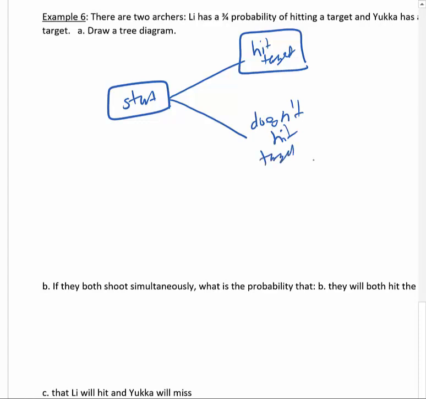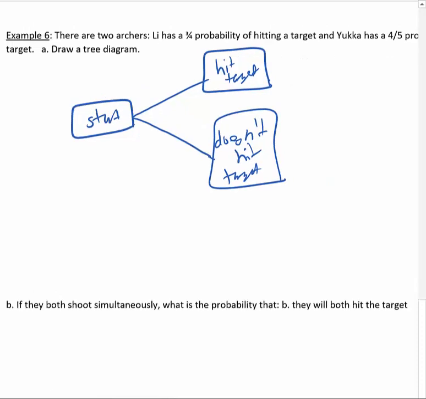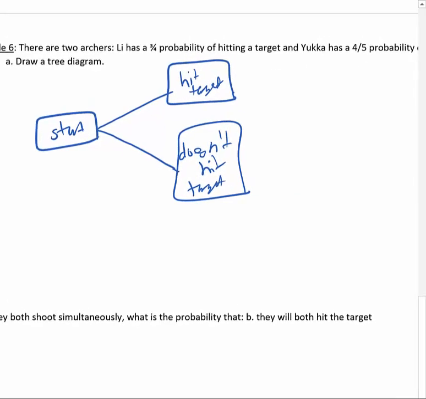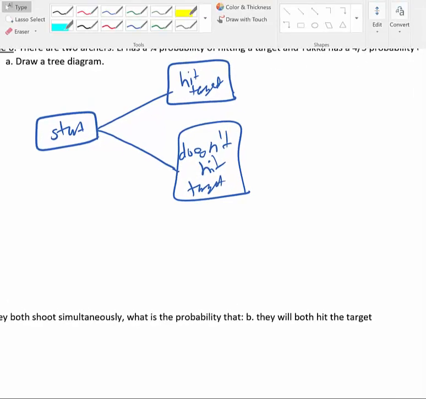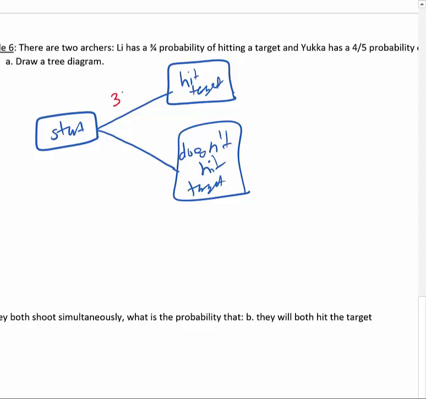Now that we have probabilities involved, they've actually told us, I'm going to put those in the tree diagram as well. They said she has a 3 out of 4 shot of hitting the target. So that branch would have a chance of 3 out of 4. How about not hitting the shot? Well, remember, the probability of something not happening is 1 minus the probability of it happening.